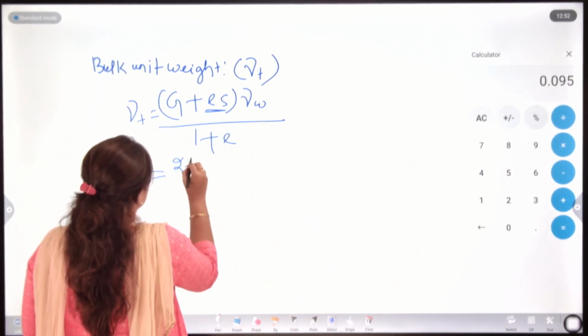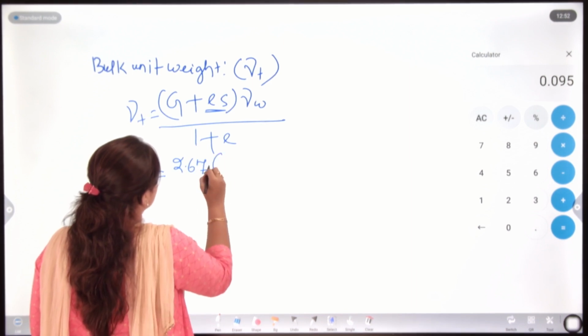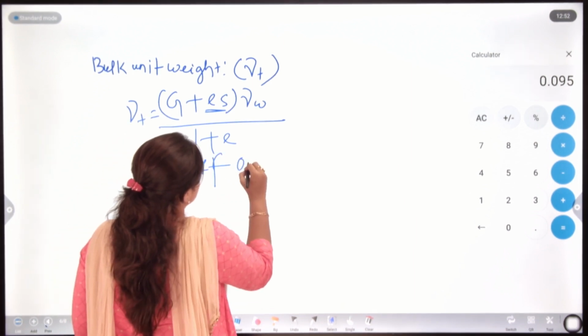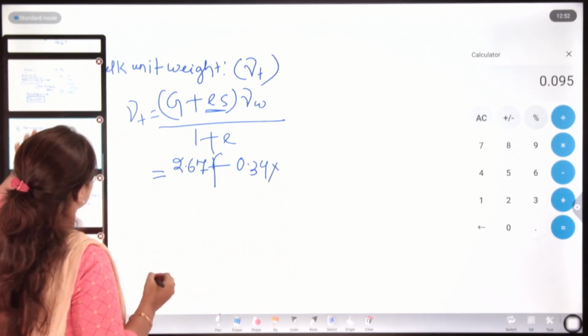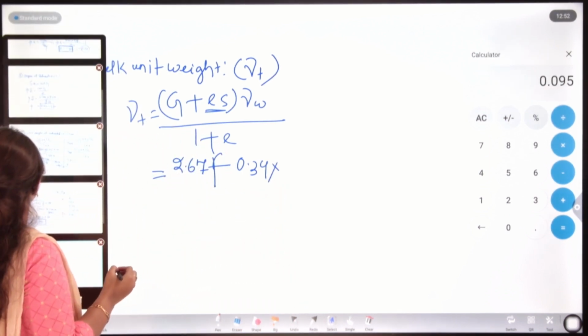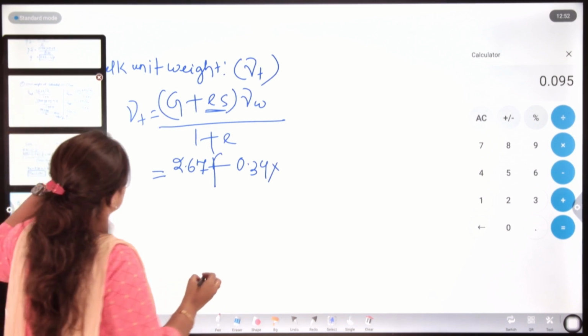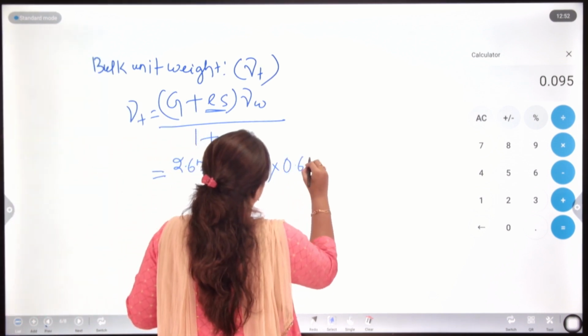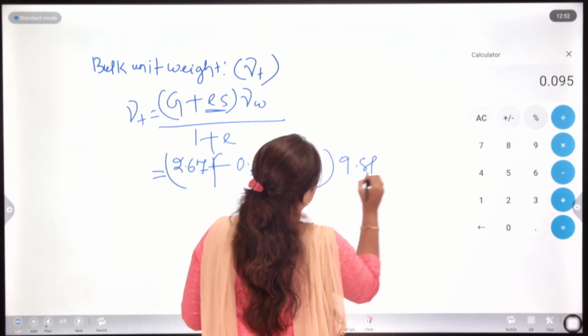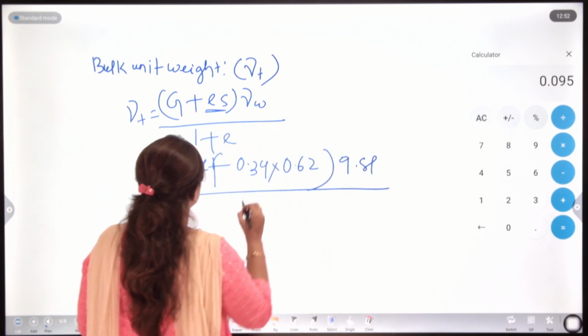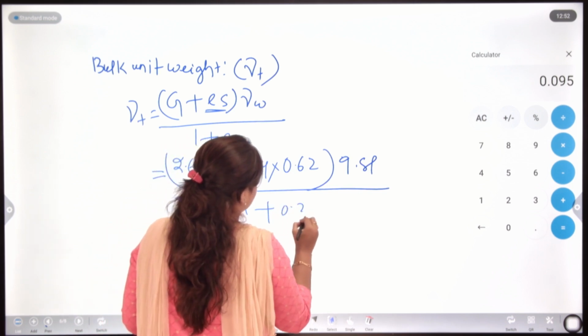So 2.67 plus 0.34 into S, which is 0.62, multiplied with gamma W, whose value is 9.81.